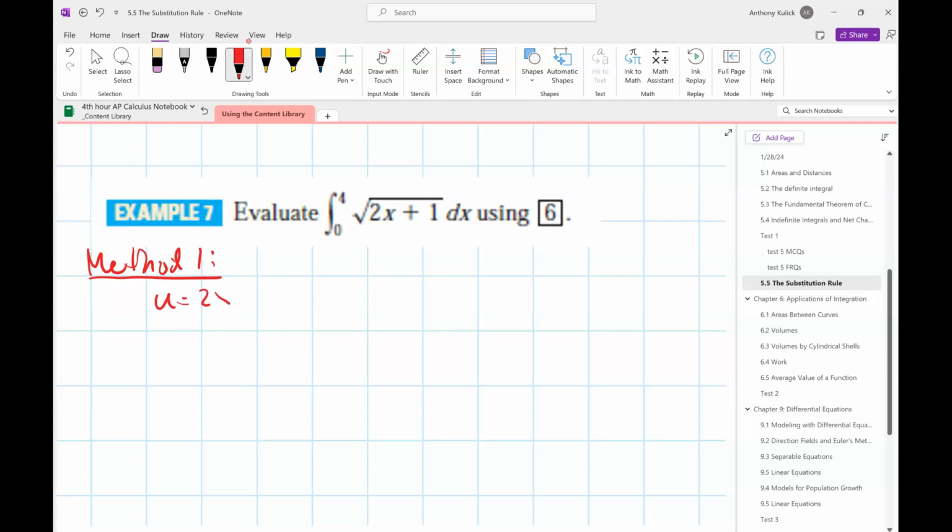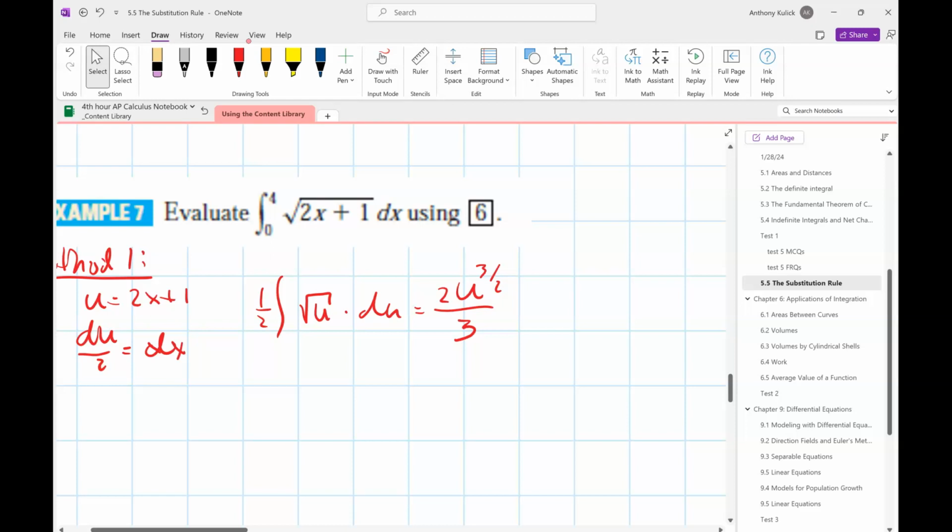We said here u should be 2x plus 1. du over 2 should be dx. So the integral of square root u times 1/2 du became 2u to the 3 over 2 over 3, and we substitute back in.